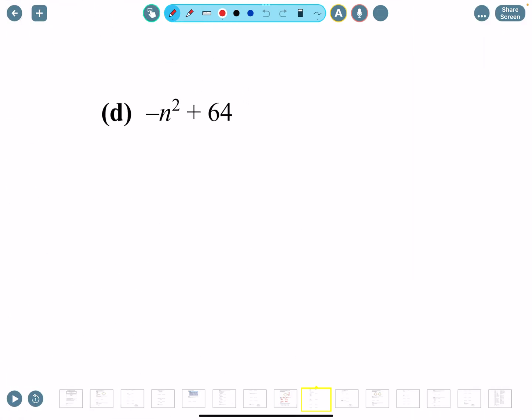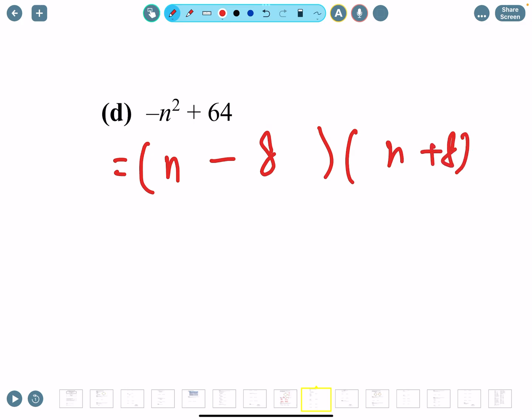Just in case, you will notice that the minus is at the front. I think it's best not to start changing it to the fraction, because if you write it as (n minus 8)(n plus 8), it's already wrong. The minus should be before n, because the minus is before n over here, right? So try not to make this mistake.